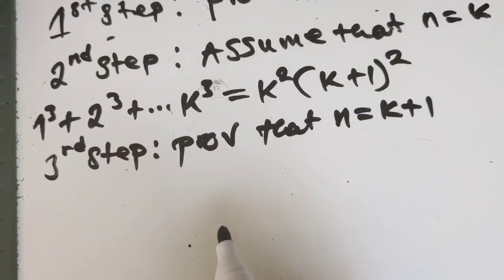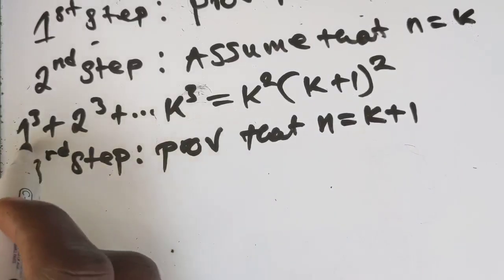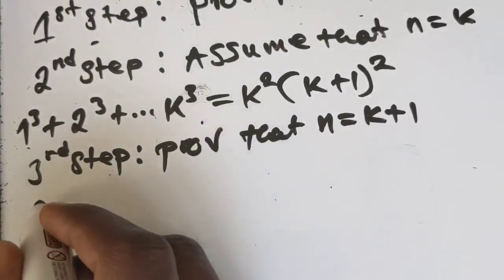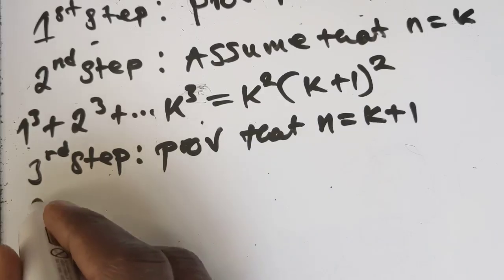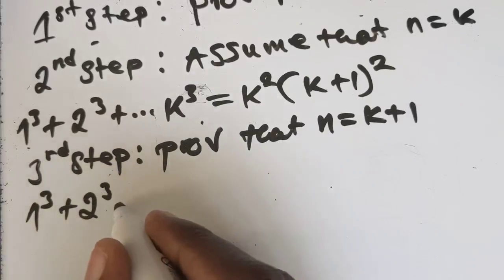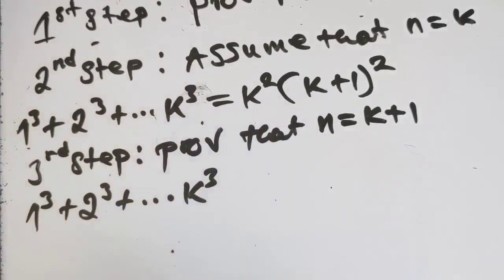What we did in the previous example, we copied from here until we reached here. So we are going to do the same: 1 to the power 3 plus 2 to the power 3 plus k to the power 3.